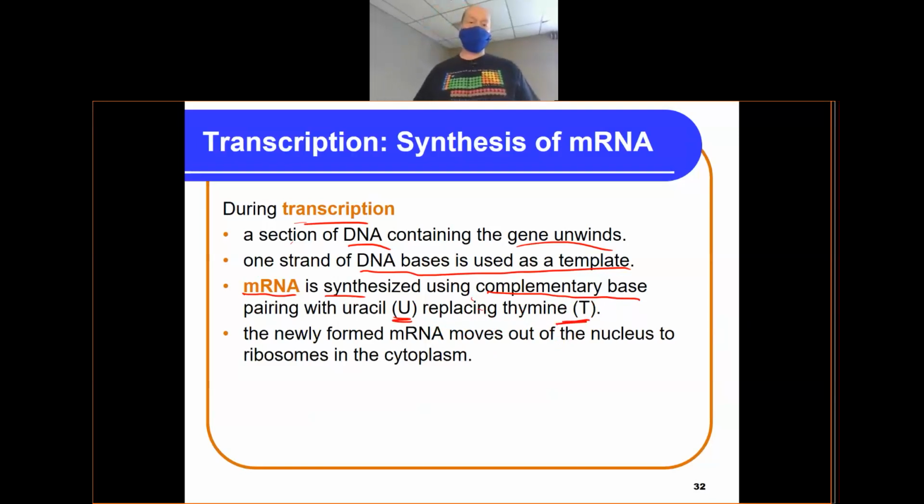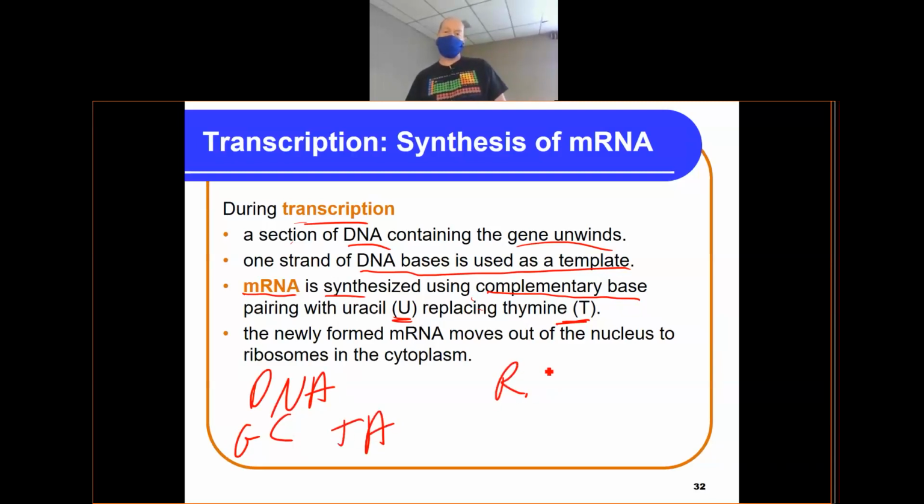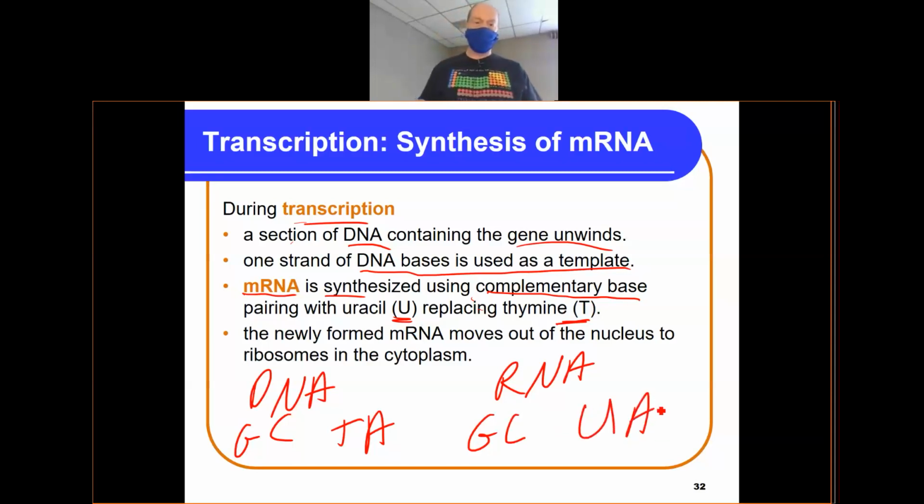So that is the only difference. You have to know your base pairs: G goes to C and T goes to A. When you're looking at RNA, it is the same, except you have U instead of T. So it's still GC, but now it is U going to A. There is no thymine in RNA.